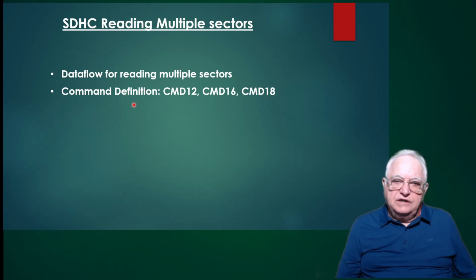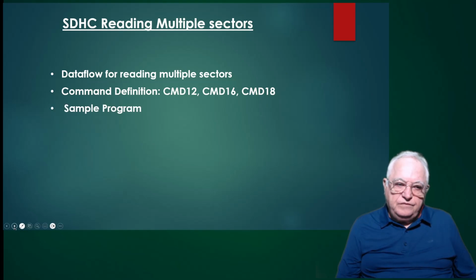To read multiple sectors, we're going to add new commands: command 12, which stops the transfer of data; command 16, which we already know, not a new command, which defines the size of the sector; and command 18, which does the multiple reads. So basically we select the size of the sector, we start reading multiple sectors, and then we stop it with command 12. And then we'll go through an example program.